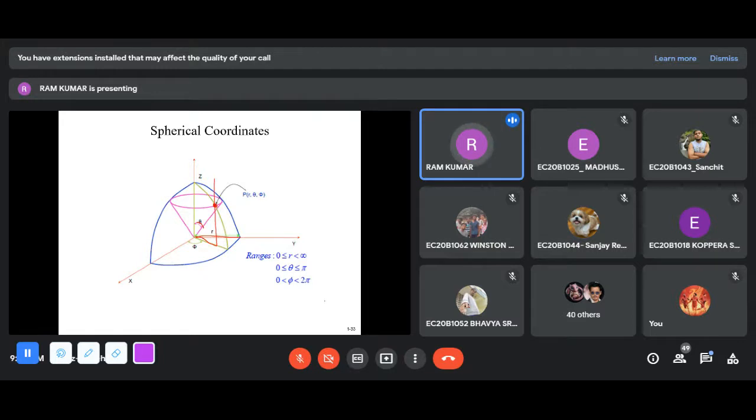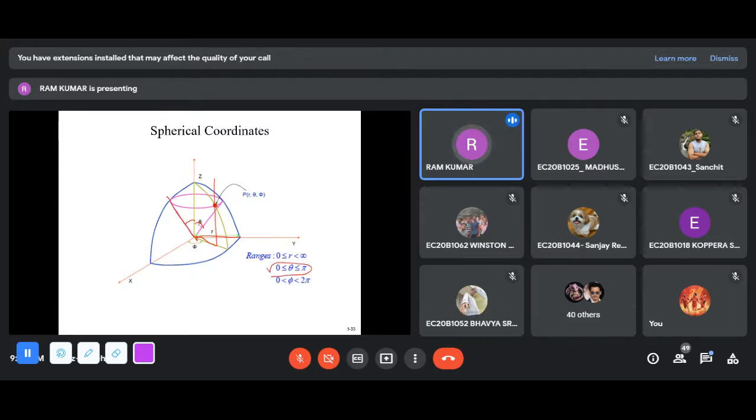Here one may have the doubt how theta can be 0 to pi, because phi involves 360 degrees around this. But theta becomes only 180 because, suppose the point is over here, then you draw a line, and the angle becomes like this. So the total possible angle for theta is simply 0 to 180.